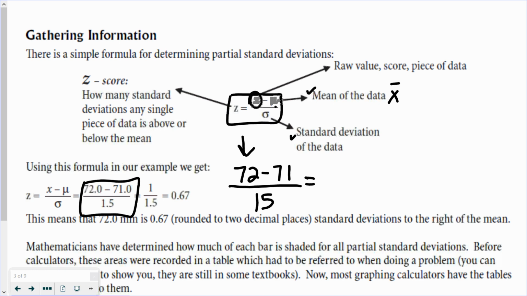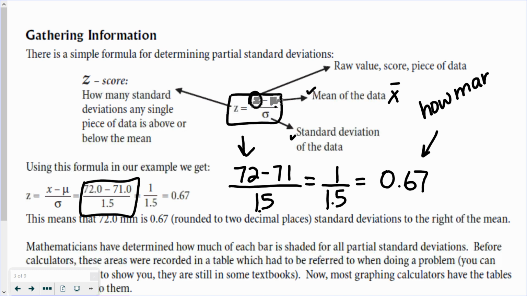So 1 divided by, sorry, there should be a decimal here, 1 divided by 1.5 gets us 0.67 or something along that line, 0.67. So what this 0.67 tells us is how many standard deviations above or below the mean.